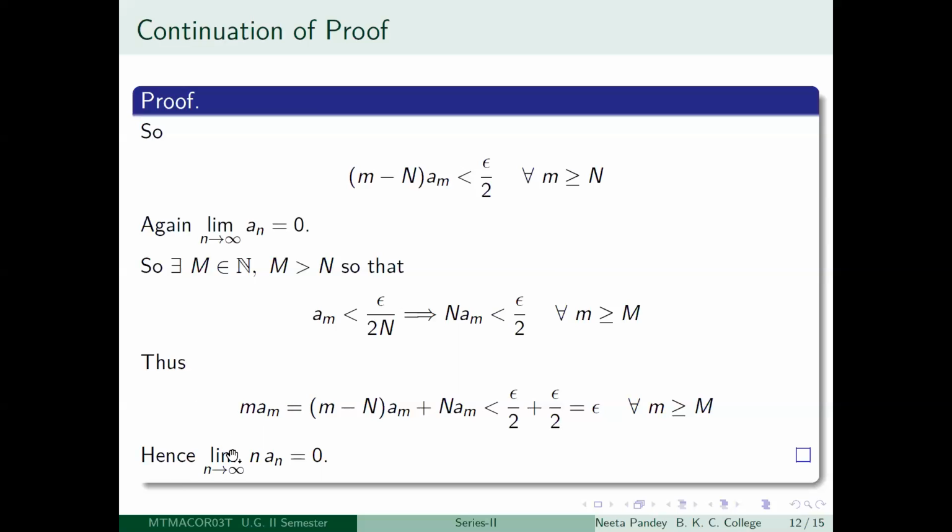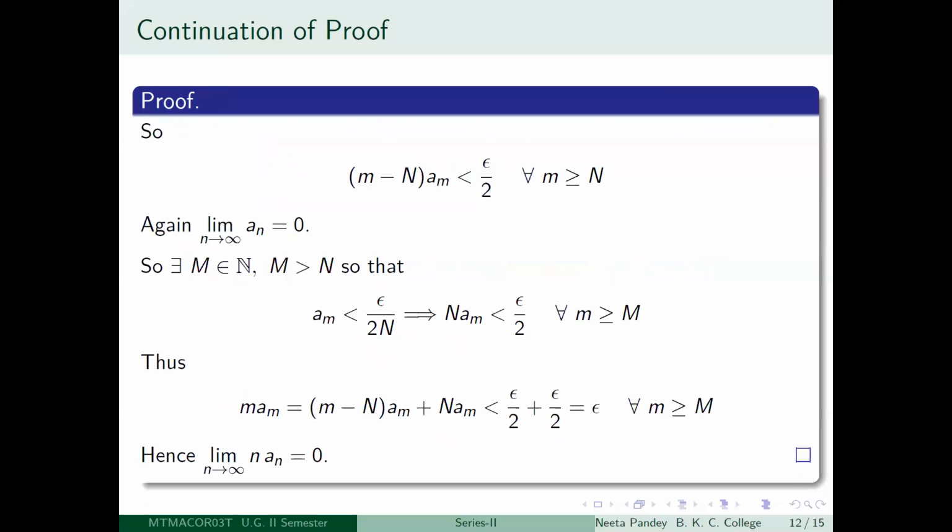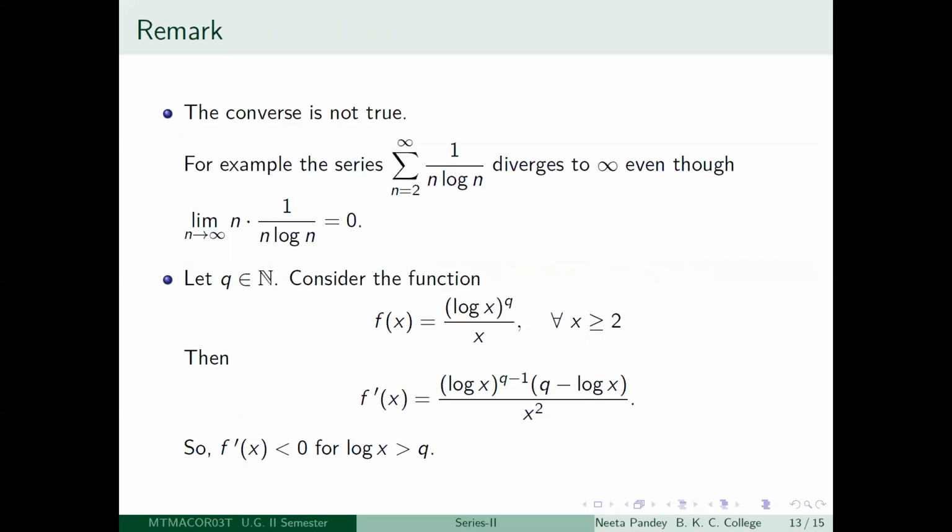So what you have proved is that this sequence is a null sequence, limit n tending to infinity, nan is equal to 0. So that is your Abel-Pringsheim's theorem, that if a series converges, then limit n tending to infinity nan is equal to 0, provided an forms a monotonically decreasing sequence of non-negative real numbers.